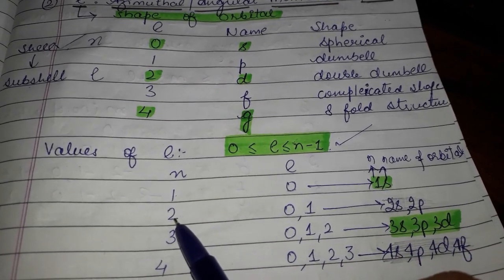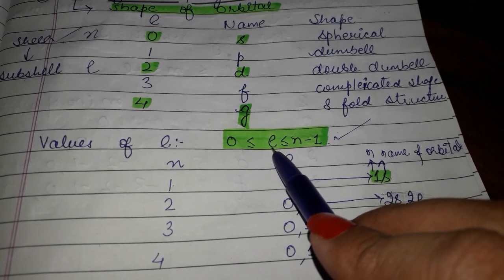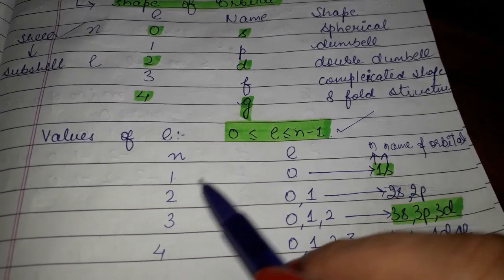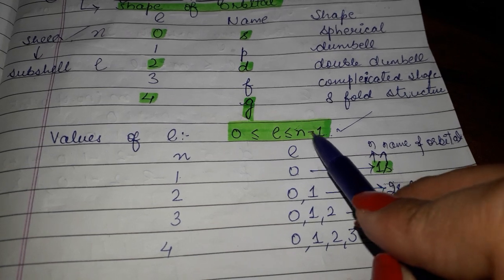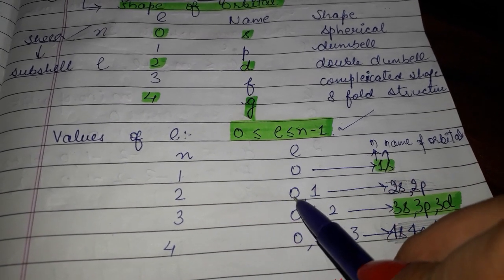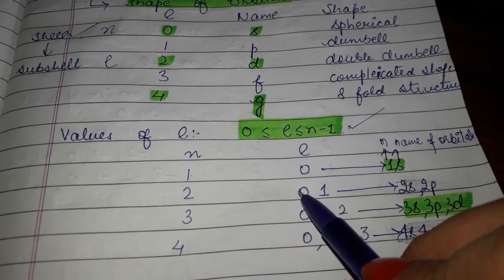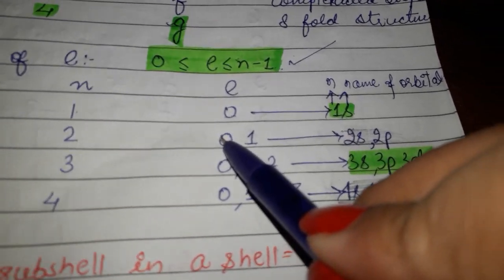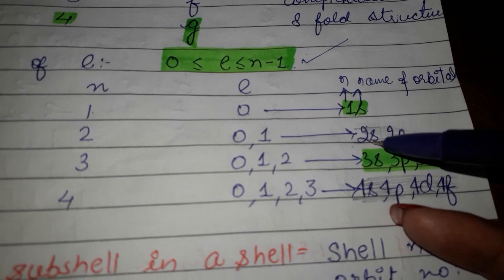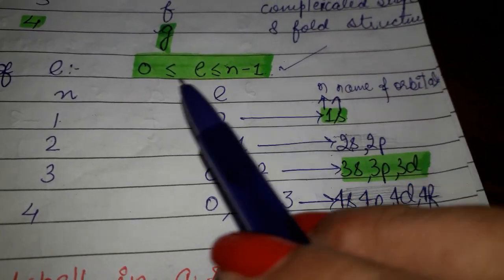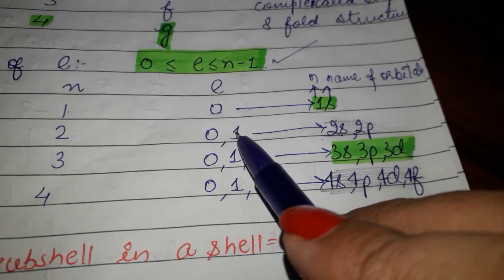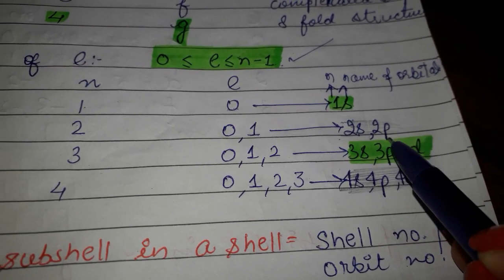For n equal to 2, the value of L will be 0 to n minus 1, 0 to 2 minus 1, which is 1, so 0 and 1. Corresponding to 0, the name of the orbital will be S, so it is 2S, and for 1, the name of the orbital will be P, written as 2P.